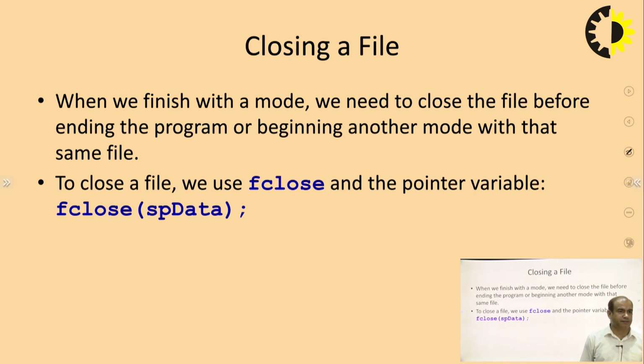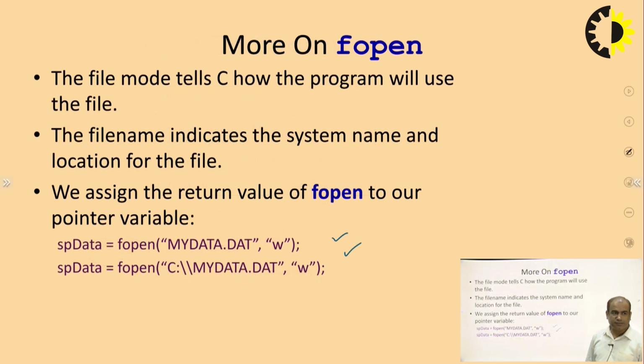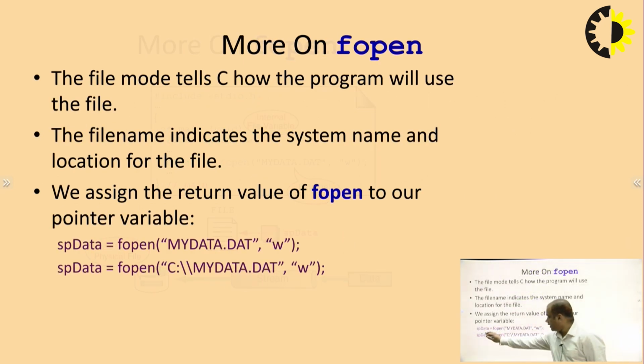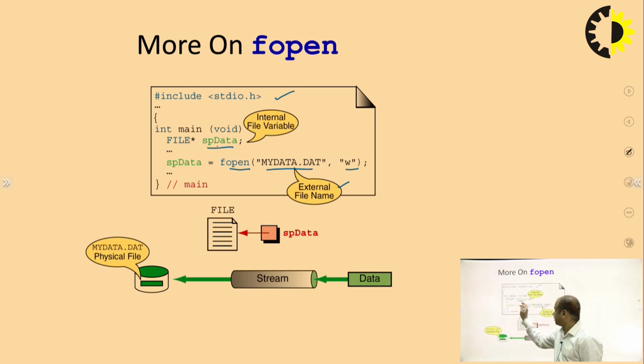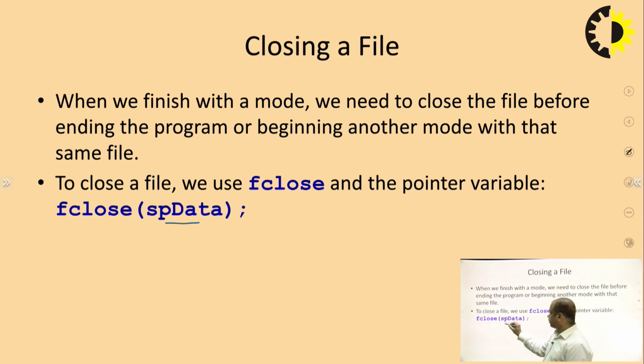For closing that file, we have to use the fclose function, and we have to define that variable value or we can say argument, which file we have created. Like here we have created sp data as a file pointer, so we have to close it. We don't write a star, the asterisk will not be there.